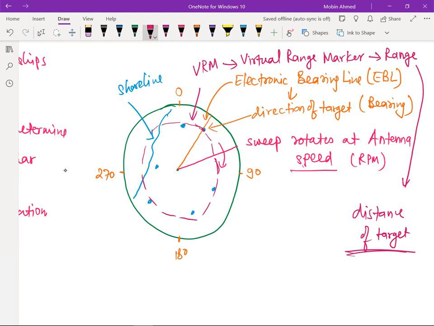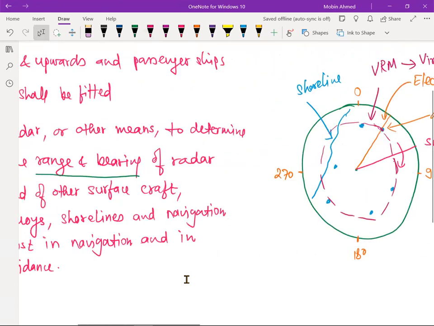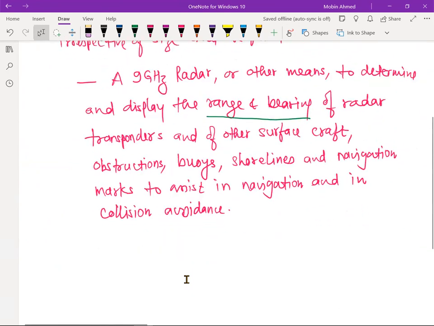Here it is going to have the center point, and that is our own ship. Okay, so this display is going to have a lot of information, and you might have seen in the sides the range, bearing, target numbers, their parameters also going to come. We'll see about that, what all parameters are there. But this is the display that has the information.